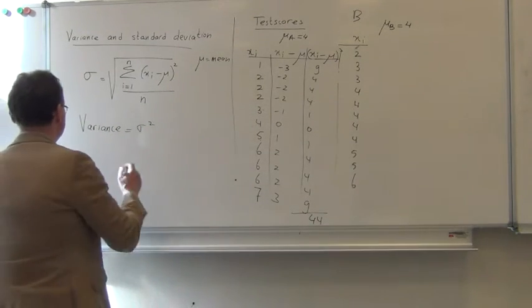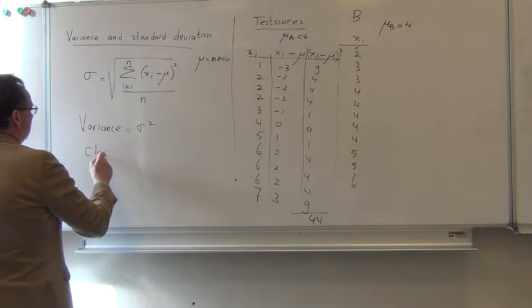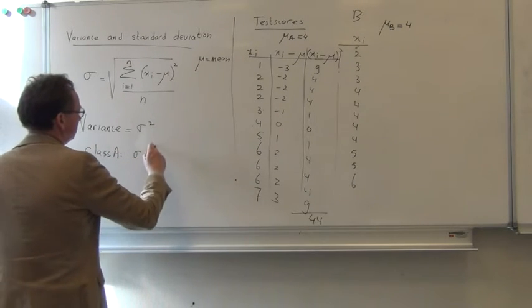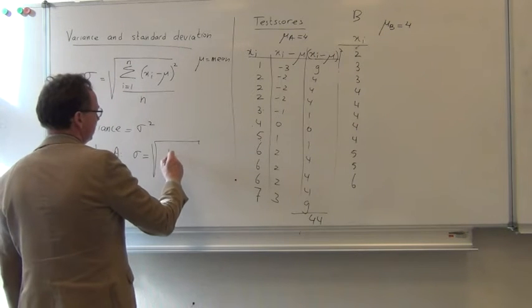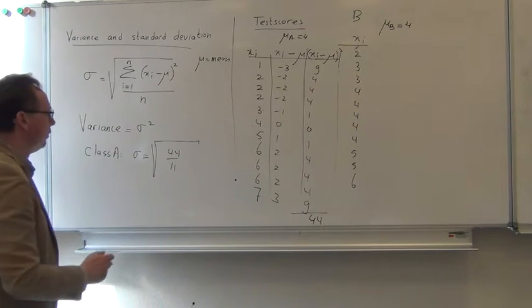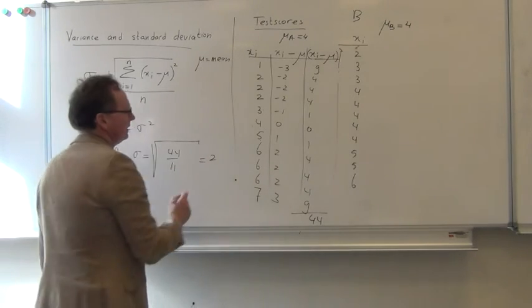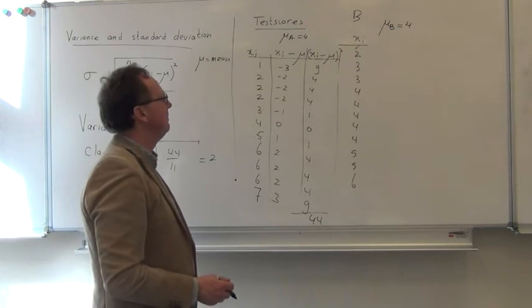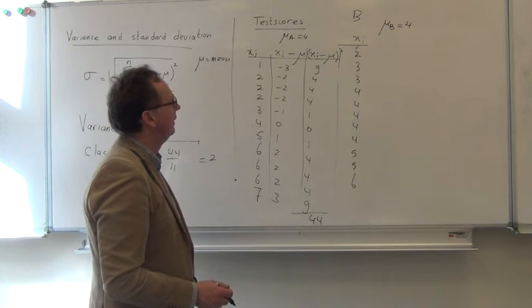Okay, so for class A, we can write down the sigma to be the root of 44 divided by 11, which is root 4, which is 2.